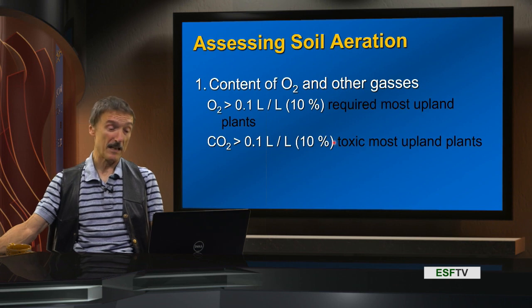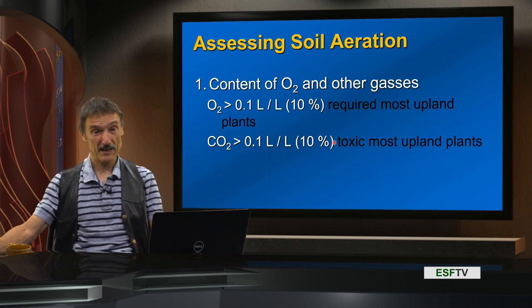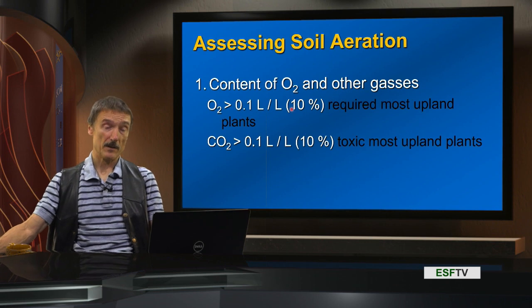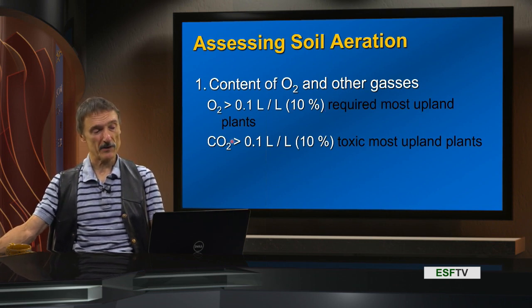Right? It's toxic. And so you've got to keep that below 10%, or keep the oxygen above 10%. So these are measures of aeration. A well-aerated soil will have an oxygen content greater than 10% of the airspace. A poorly aerated soil will have a carbon dioxide concentration greater than 10%.